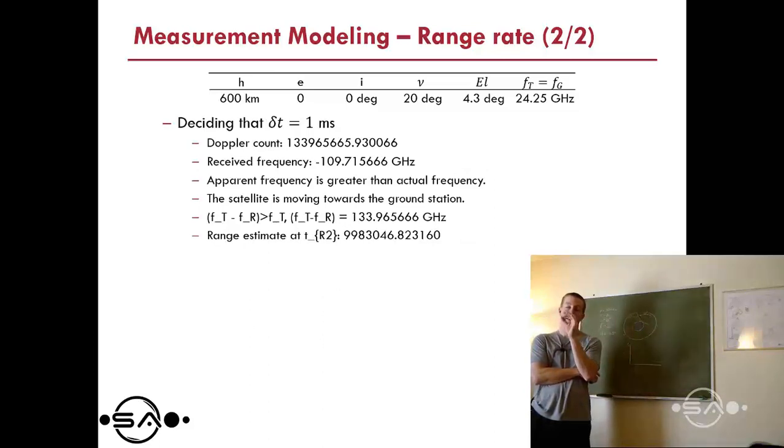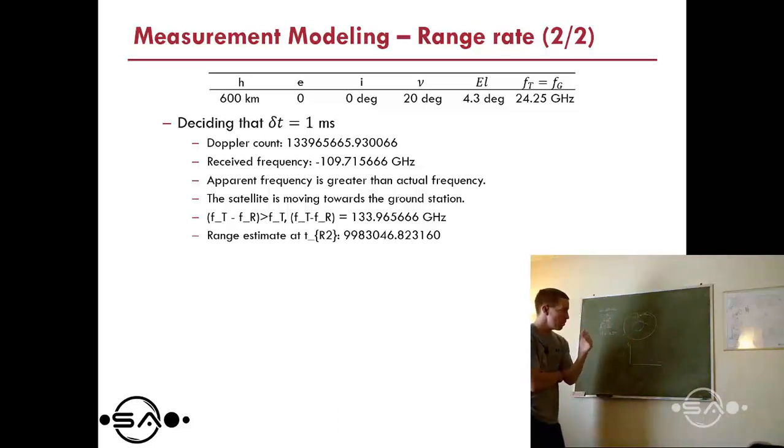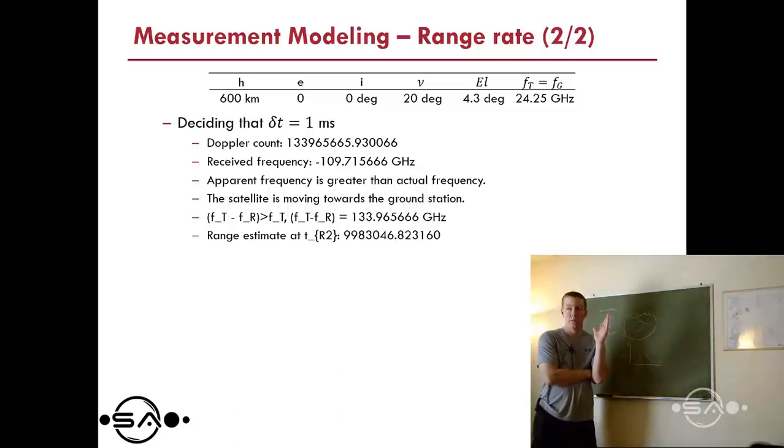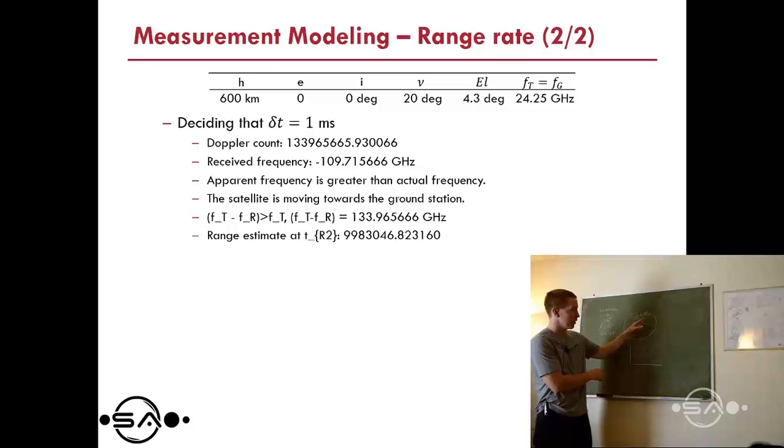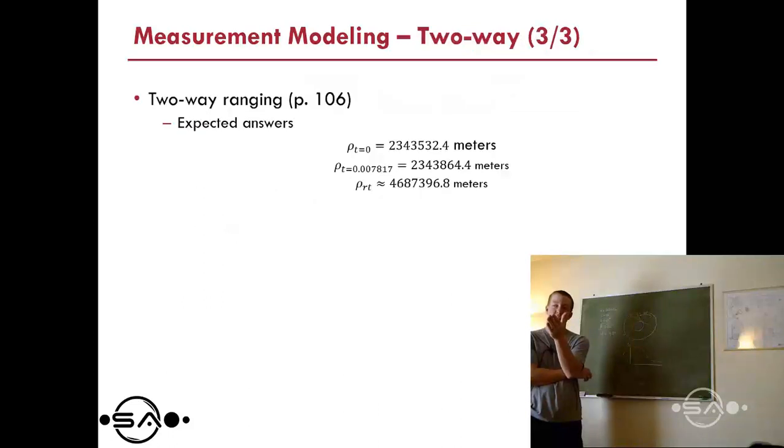And when we calculate that out based on where we currently are, we see that the apparent frequency is greater than the actual frequency. And so if we remember from our Doppler plot here, that means that we should be approaching the ground station. So the range estimate that we provide there, obviously that is a little bit different than the range estimate that we provided using the two-way range.